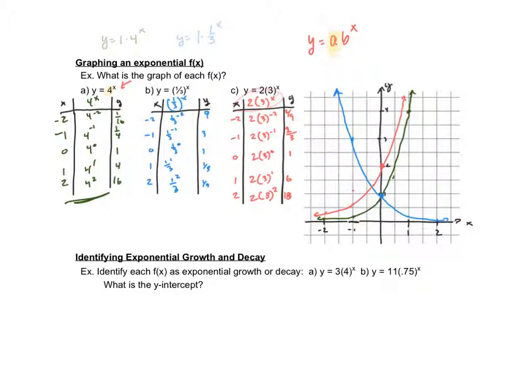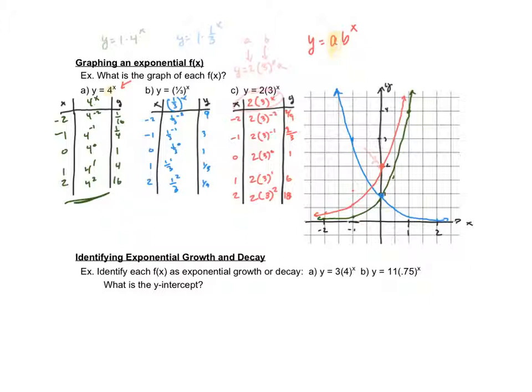My a value here is 2, and 3 is my b value, and of course it's exponential because the variable is in the exponent position. You'll notice that it crosses the y-axis at its a value. So that's one of the characteristics that we can see.